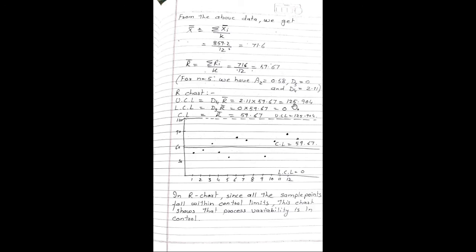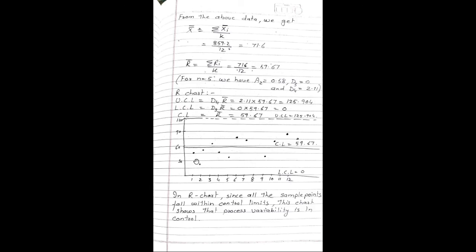So 125.904 is the upper control limit. Lower control limit is equal to D3 R bar. The value of D3 is 0. So 0 into 59.67, the value becomes 0. So the lower control limit will be drawn as 0. For the central line we need 59.67.